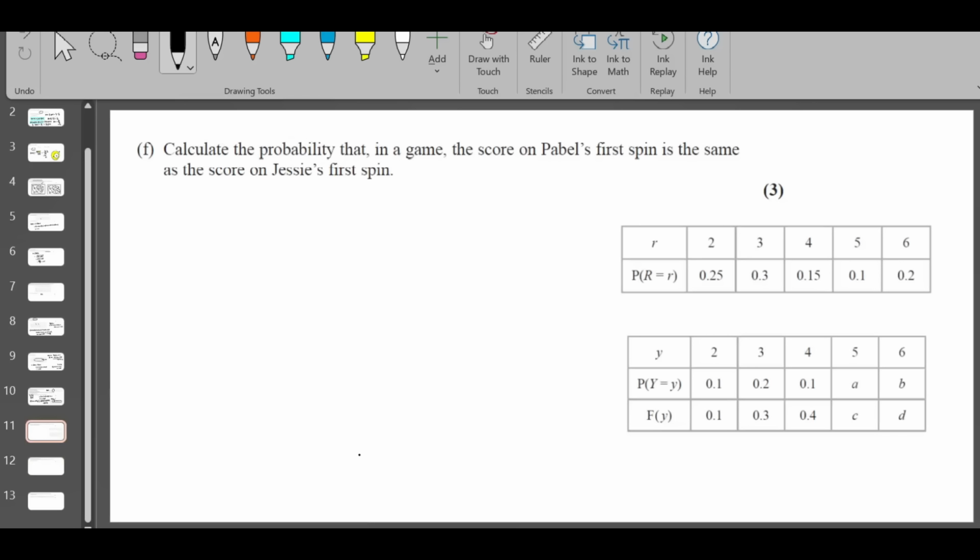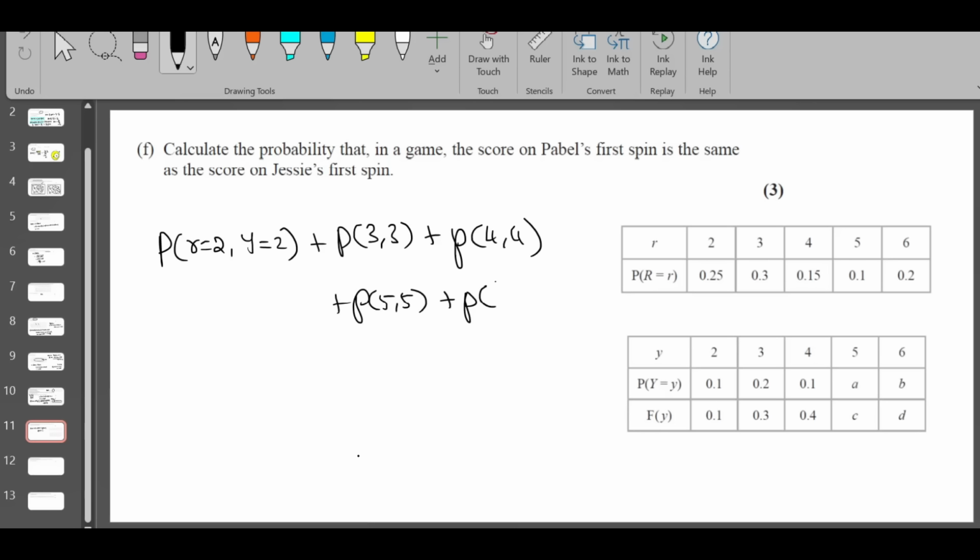Part F now. Calculate the probability that in the game with the same rules, the score on Pebble's first spin is the score on Jessie's first spin. Okay. Let's say Pebble's first spin is 2, Jessie's first spin also 2. Plus, it can be 3, 3. Can be 4, 4. Or 5, 5.